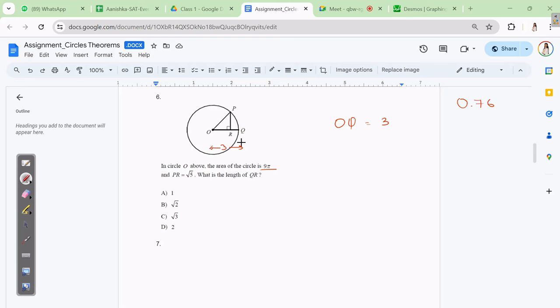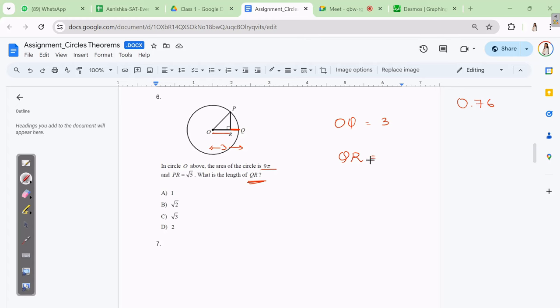Okay, what else can we do? We have to find out QR, that means this length. And we know that OQ is 3. So if somehow we can find out OR, and then subtract OR from OQ, then we'll get QR.